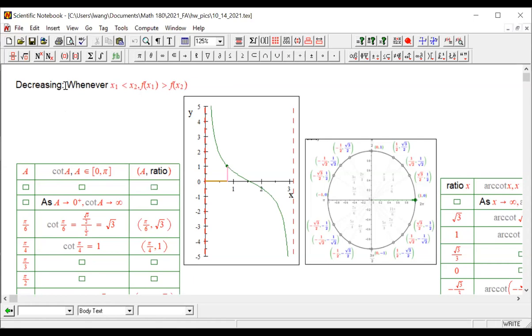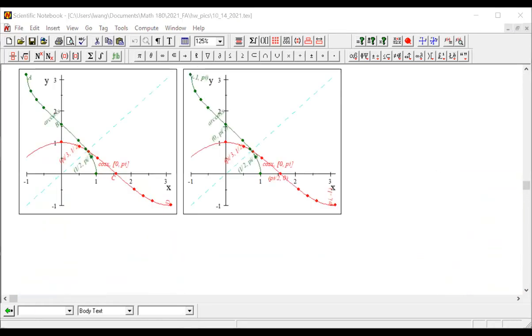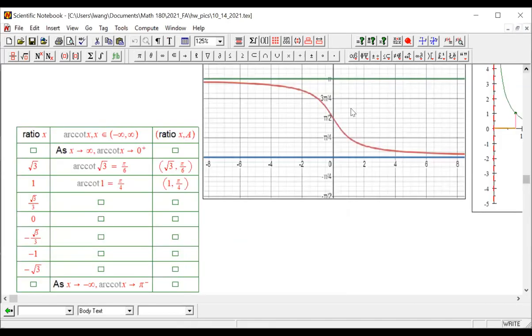So whenever this is true, for example, look at the arc cotangent. We just talked about arc cotangent. You arbitrarily choose two points.